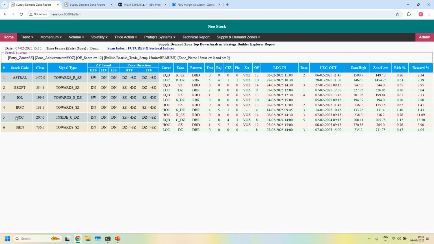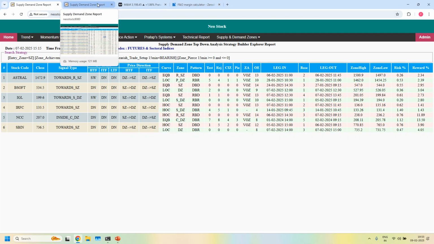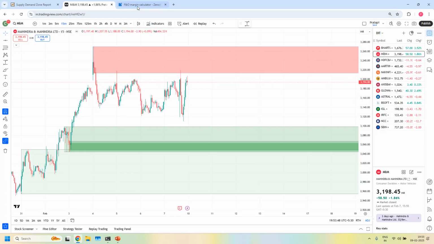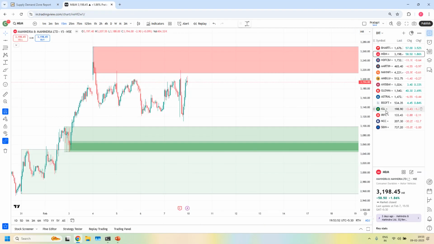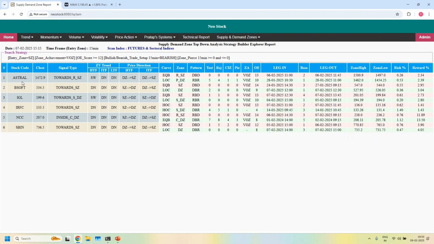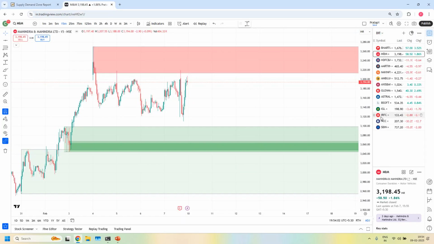So earlier we got these 6 stocks, right? Look into our list. We have these 6 stocks, 1, 2, 3, 4, 5, 6: Astral, Birlasoft, IGL, IRFC, NCC, State Bank of India. See, all 6 stocks.